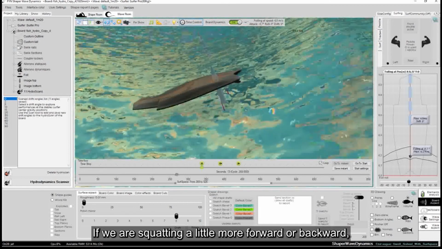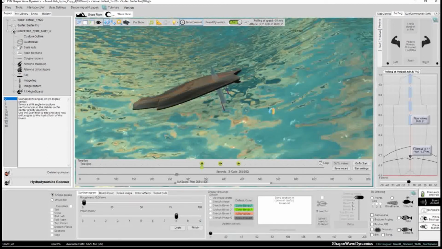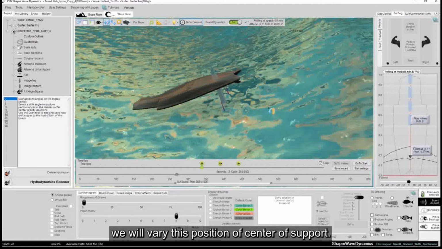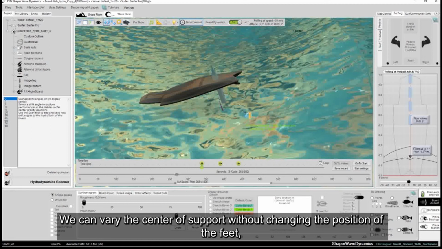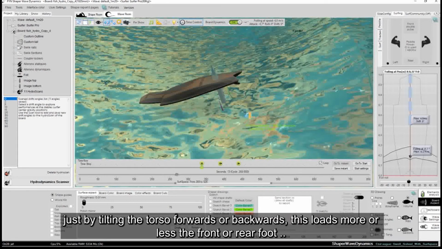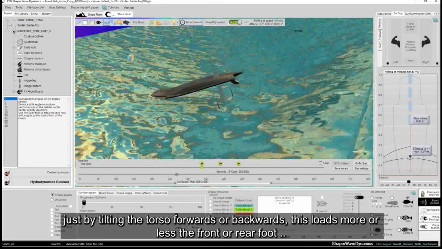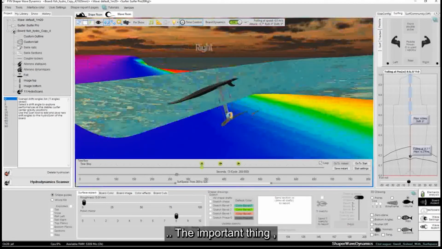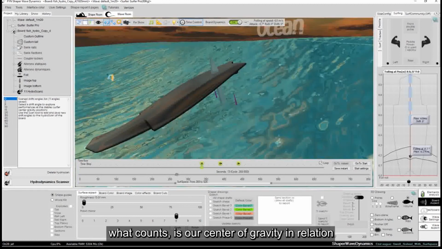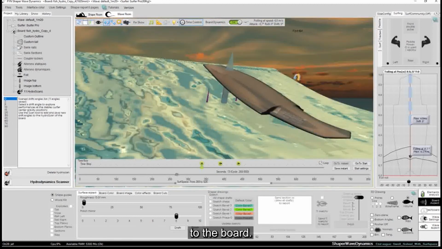If we are squatting a little more forward or backward, we will vary this position of center of support. We can vary the center of support without changing the position of the feet, just by tilting the torso forwards or backwards. This loads more or less the front or rear foot. The important thing, what counts, is our center of gravity in relation to the board.